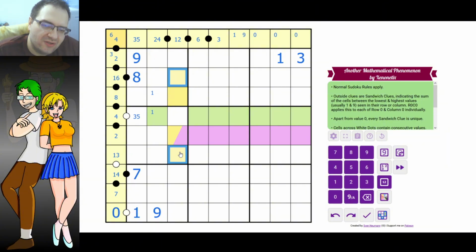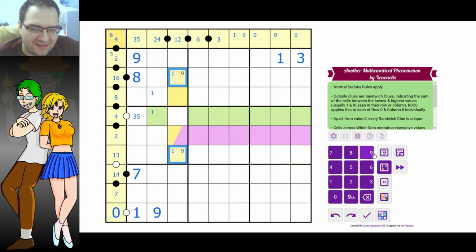I mean, I can say one of these is guaranteed a 1 or a 9. And this cannot be the 9. Interesting. If this is the 1, this has to be the 1. Now, if this is the 1, then it breaks. Oh! None of these can be a 9. And we know one of them has to be a border. If one of them has to be a border, so one of these has to be the 1. And we don't know which one.